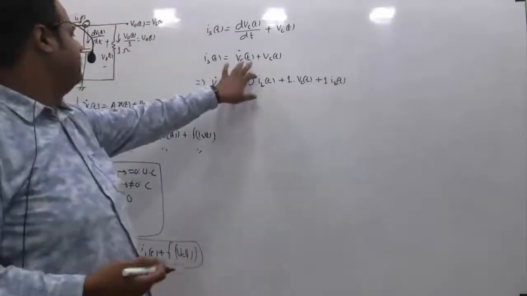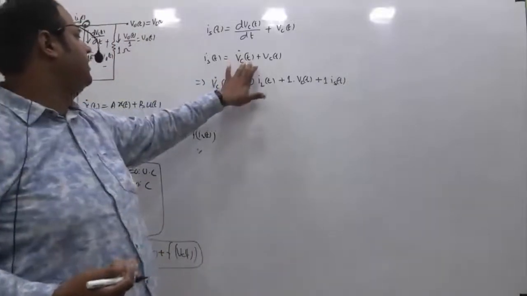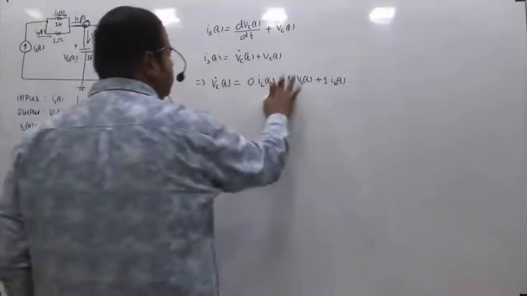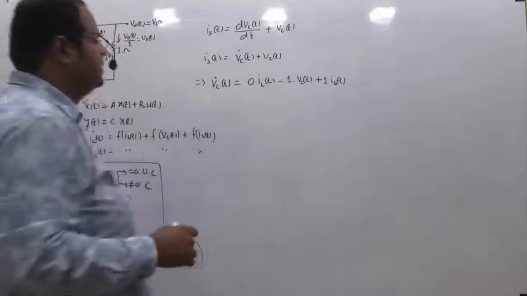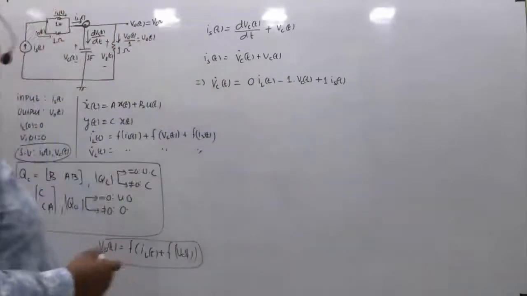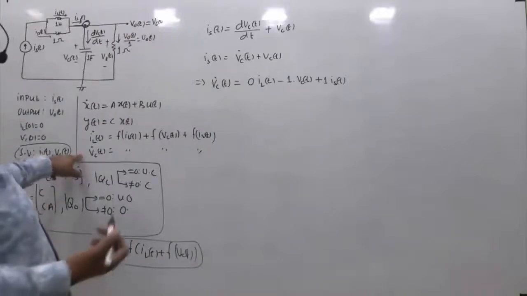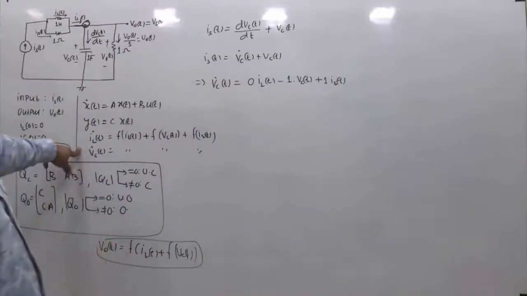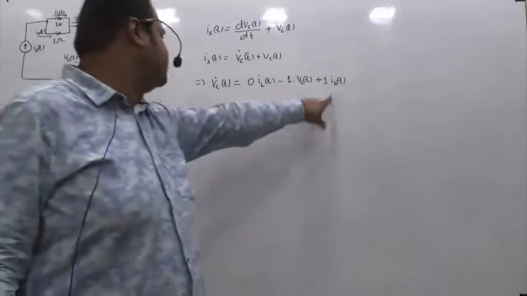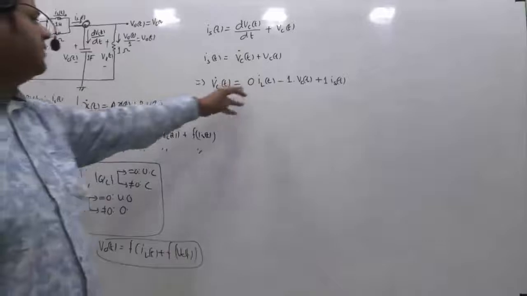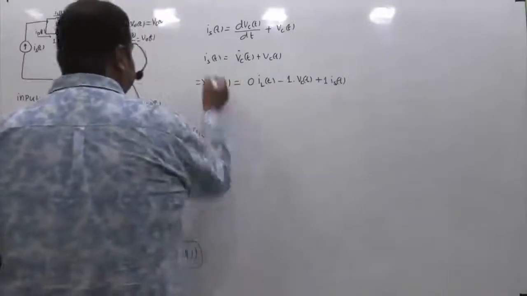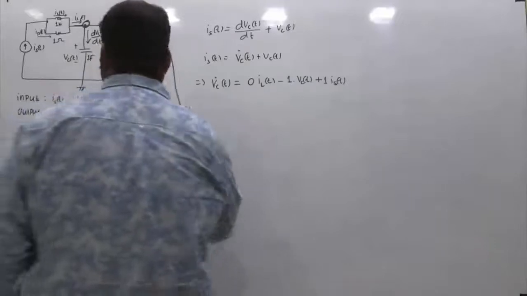If I bring this Vc of t to this side, you will get minus Vc of t, then plus Is of t, and 0 into IL of t, because as I said, we expect the capacitor voltage Vc dot t to be a function of IL of t, Vc of t and Is of t. So we got the Vc term, we got the Is term, and because we are not getting anything from this, I am writing it as 0. So this is one equation.